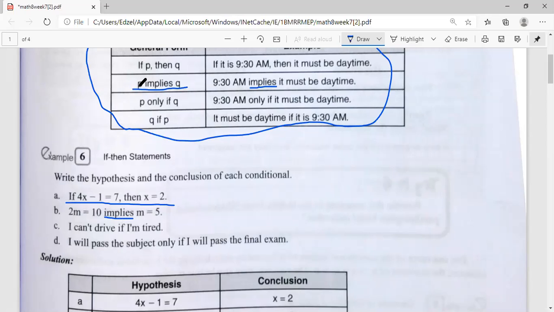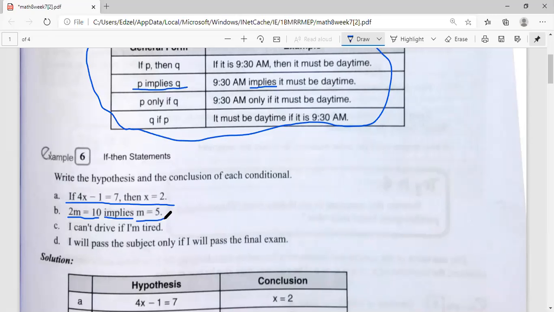P is the hypothesis. So our hypothesis here is 2m is equal to 10. And since P implies Q, Q, take note, is the conclusion. So our conclusion is m is equal to 5.